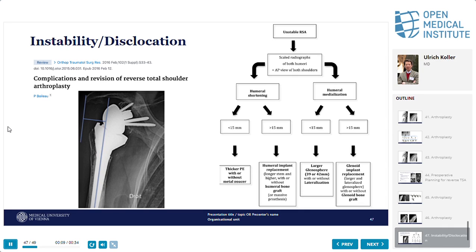You have to know on which side is the reason for the luxation. Is it on the humeral side, or is it due to the medialization? So these two possibilities you have. These are things where you can think preoperatively, how can I manage these upcoming problems.